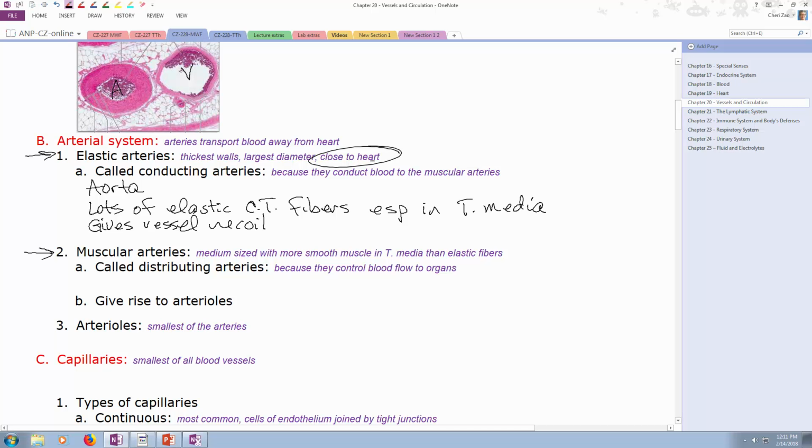So we have that ability to recoil, and this will help the pressures to remain constant in the arterial tree. And we're going to say relatively constant.